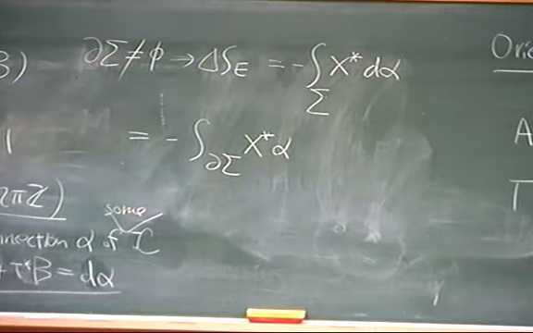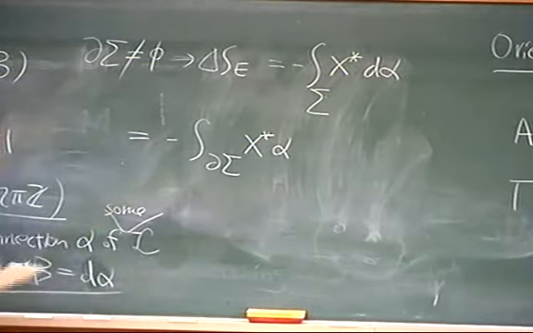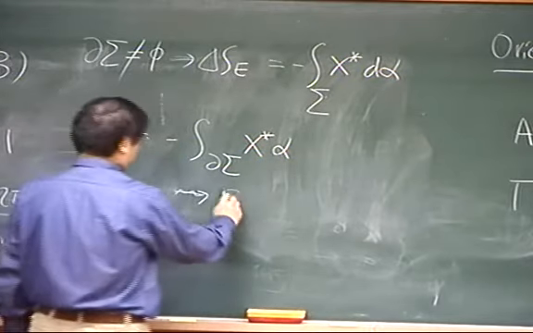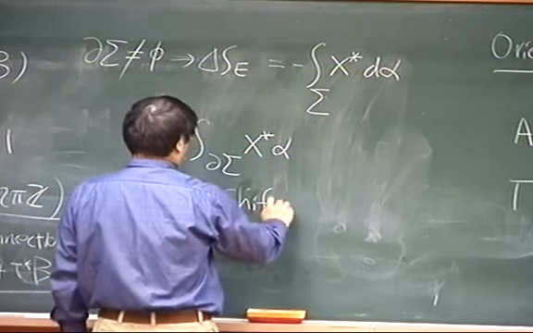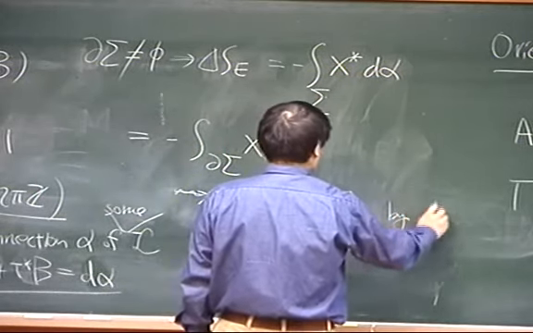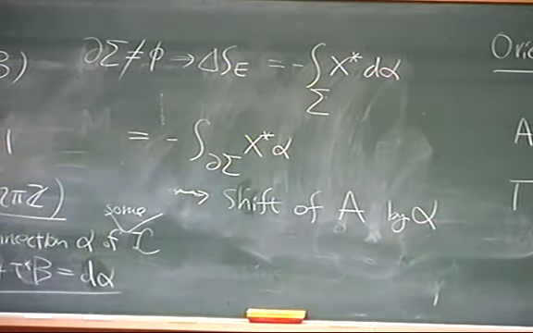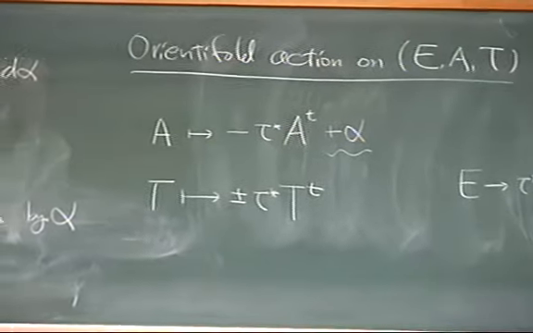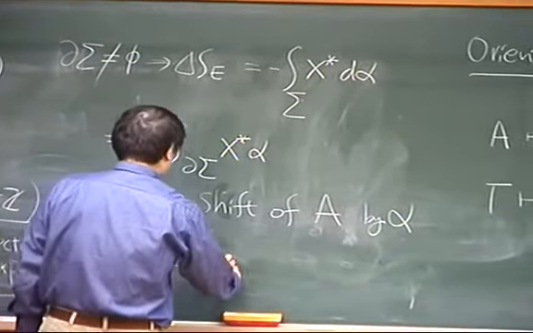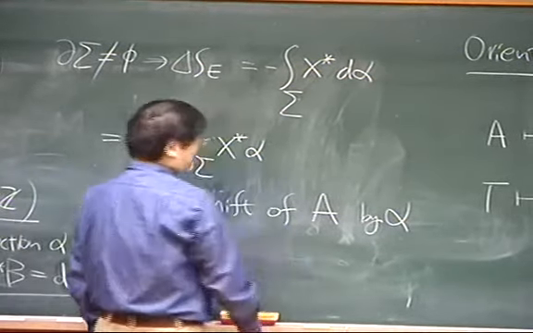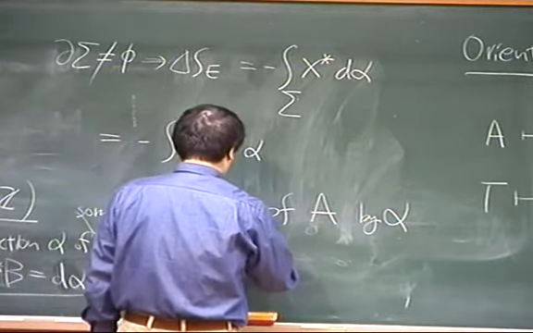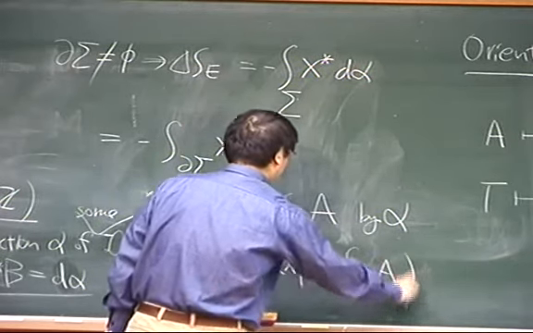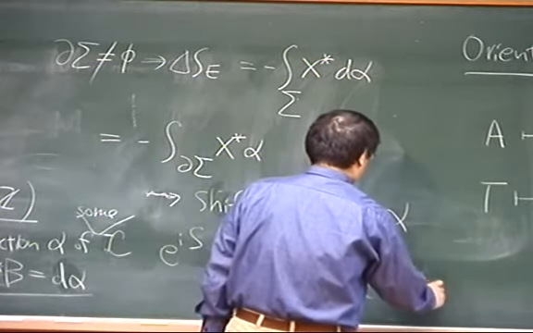So it shifts the action by this factor, and this indeed introduces the shift of A by alpha, because if you have a gauge field on the D-brane, then the total action should include a holonomy factor, in physics language it's like this, times some other factor.